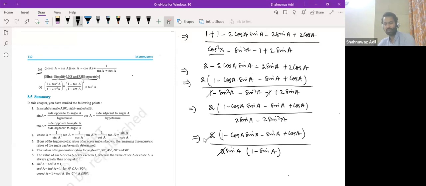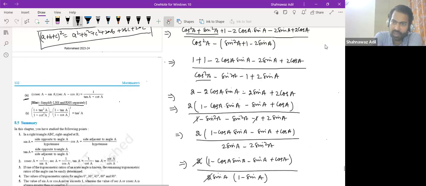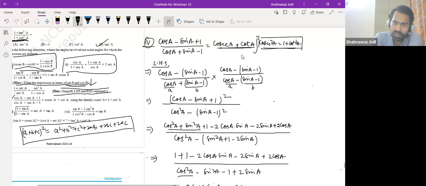Now what should we do next to reach the answer? Remember this is where we want to reach: cosec A plus cot A. Cosec A is 1 by sin A. So you'll have to get 1 by sin A now, right?